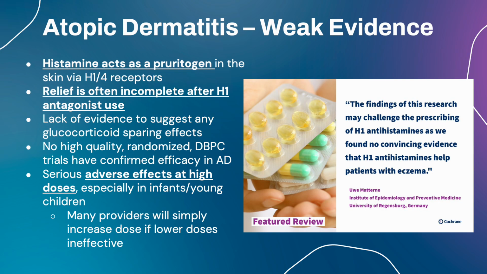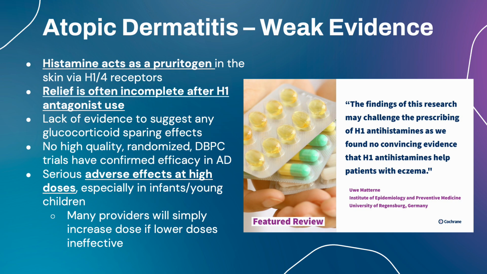For atopic dermatitis, this is an example of something that is less supported by evidence. So obviously histamine is a pruritogen that acts on H1, H4 receptors in the skin, but we often see that when you provide this to patients, the relief is going to be very incomplete. It's very rare that eczema is completely resolved by H1 antihistamine treatment.